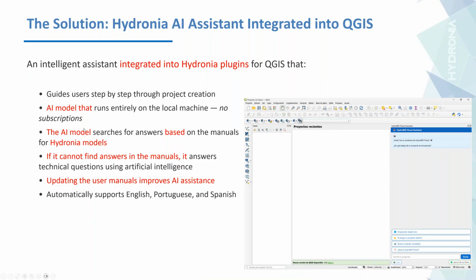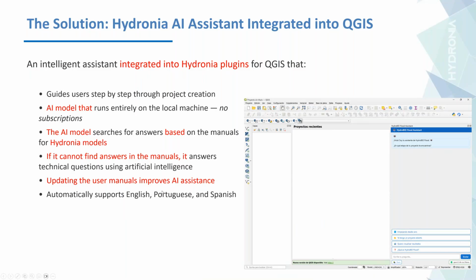In this way, you will be able to access the system, and the assistant, the agent, will search the information in the database that is available locally, without requiring any subscription, and it will help you in the process of implementing or analyzing your project results.